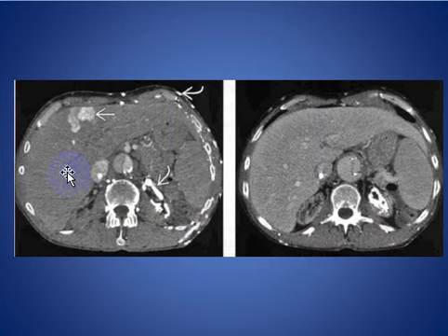Here we see a patient with superior vena cava obstruction with multiple collaterals, and there is a hypervascular mass lesion in the medial segment of the left lobe of the liver. On the delayed phase, we see homogeneously enhanced liver, still with collaterals on the abdominal wall.